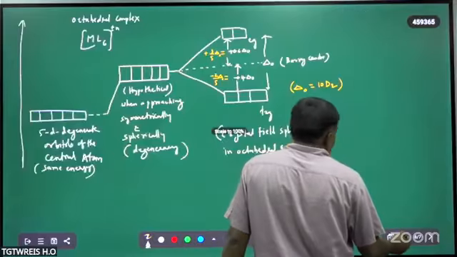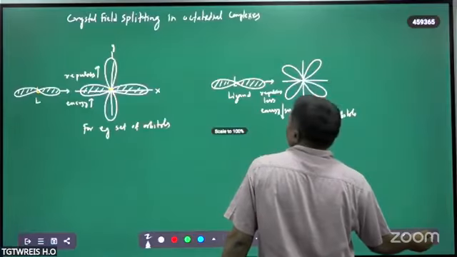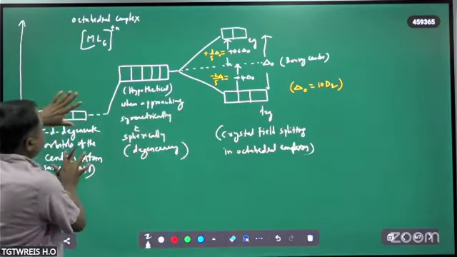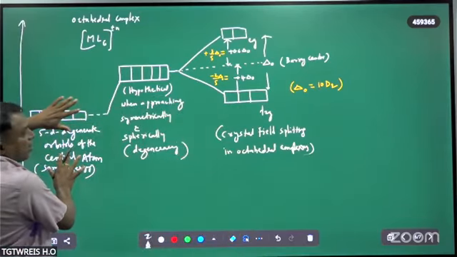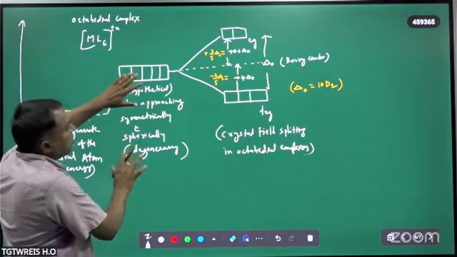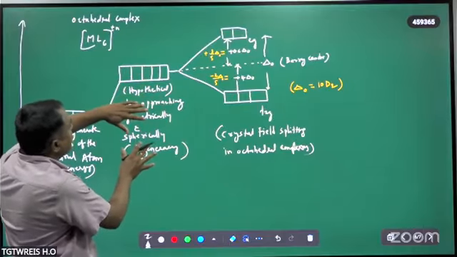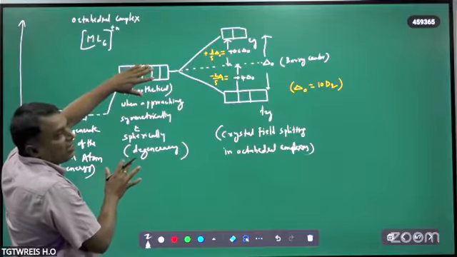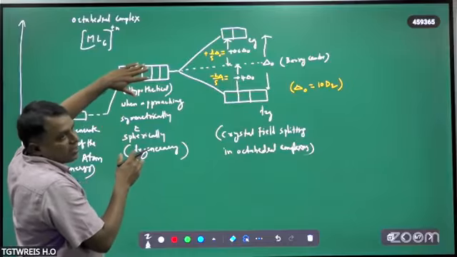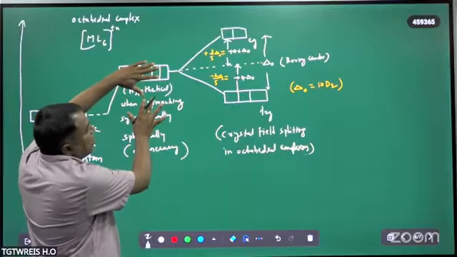Actually, we already discussed this. These are the five d degenerate orbitals when no ligand is present. But in the presence of ligands, if you assume the ligands approach spherically and equally, their energy increases, but there is no change in the degeneracy of these five d orbitals.